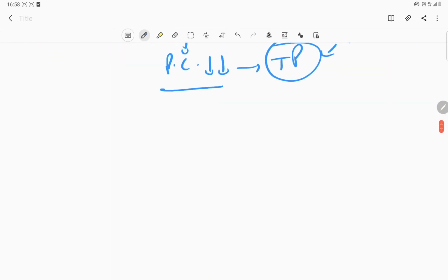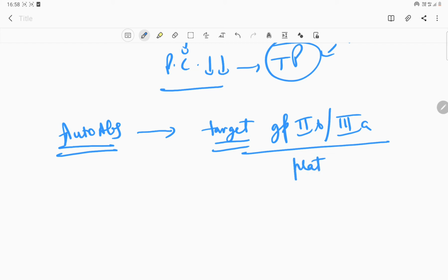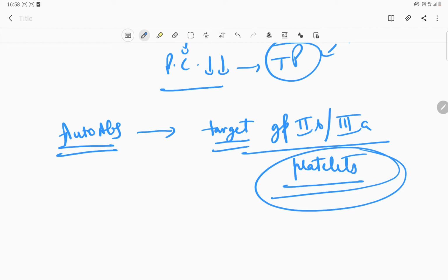Now, the autoantibodies which are produced by the dysfunctioning B cells in HIV infection are specific for the glycoprotein 2b3A, which is present in platelets. We have studied about the platelet glycoproteins.